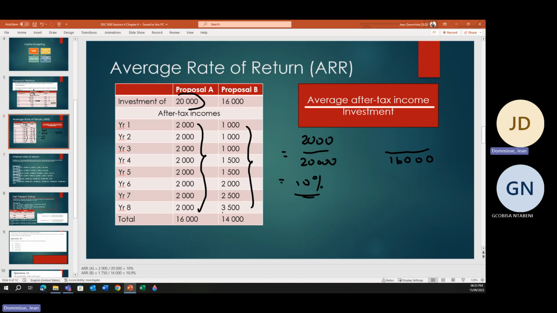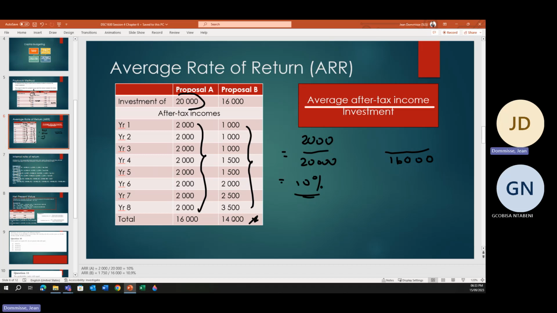So what I've added here is the total. So if we add 1, 2, 3, so 4.5, 5.5, 6, 7, 8, 9, 10, 13, 14. So our total for proposal B, the incomes would have been 14,000.